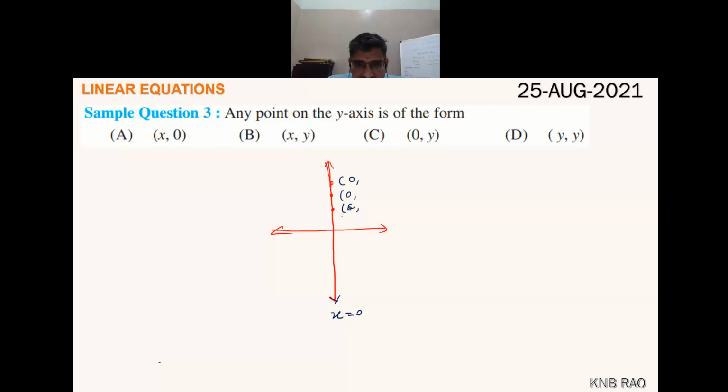Any point lying on the y-axis will have x coordinate 0, and what will be the number for the y coordinate? It can be any number. If it is below the origin on the y-axis, it may be a negative number. If it is above the origin, it will be a positive number. It need not be a fixed number. It can be any number.